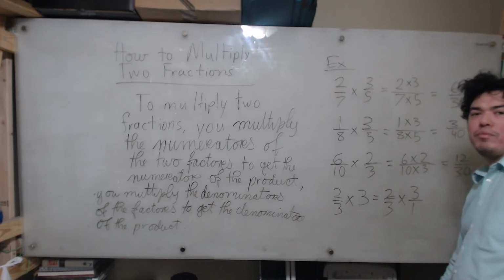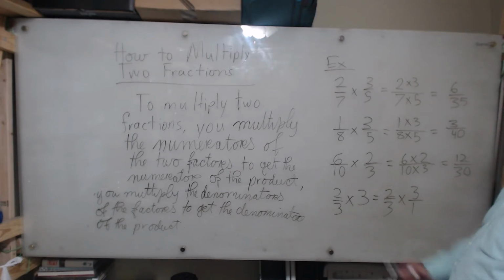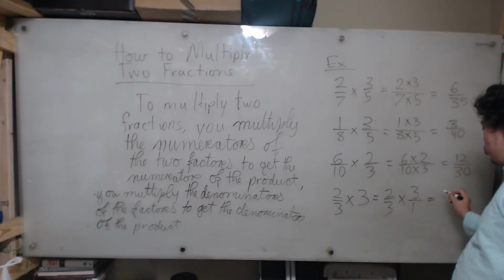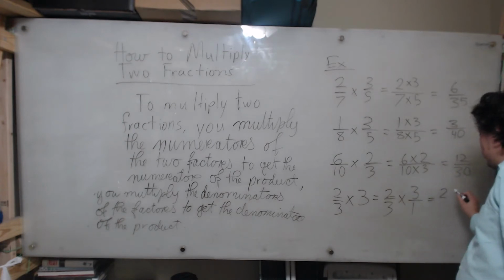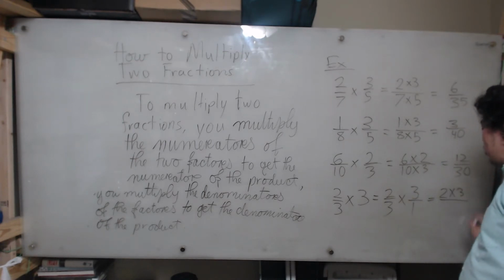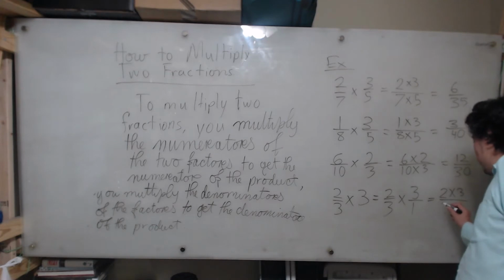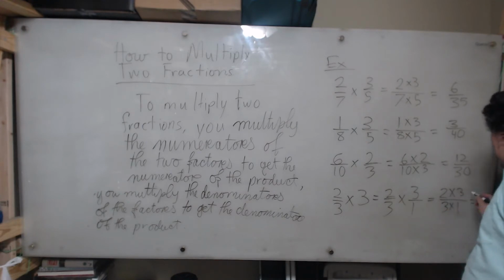In other words, I use my fact number 2 to write the number 3 as a fraction, because we know now how to multiply fractions, and we get, what is the product of the two fractions? The numerator of the product will be the product of the numerators, so 2 times 3 on top, and the denominator of the product will be the product of the denominators of the factors, and so it'll be 3 times 1, and we see that 2/3 times 3 is 6/3.